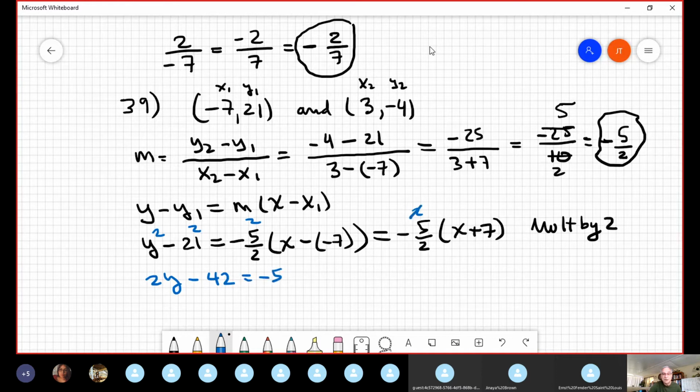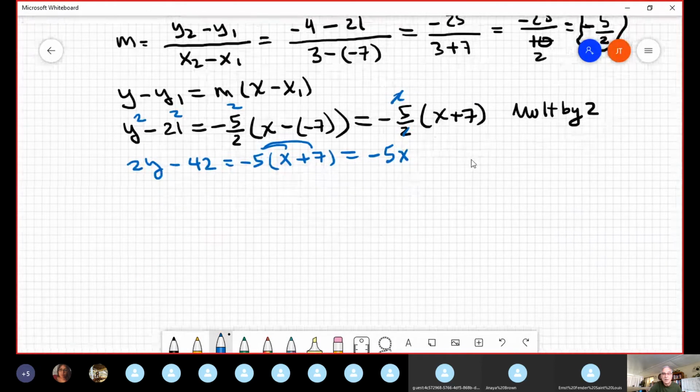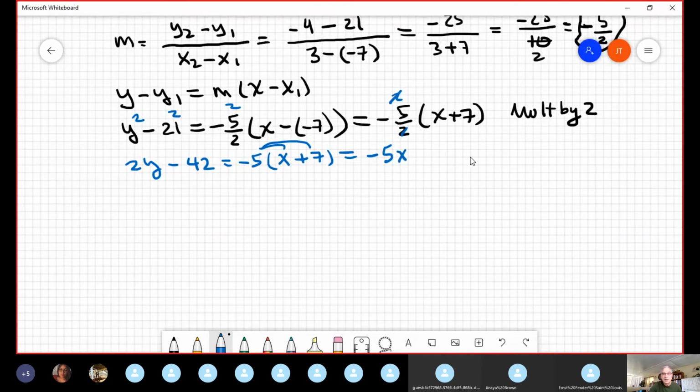These 2s cancel. That was the intention. Parenthesis x plus 7. Now apply the distributive property, remove the parenthesis, so we have minus 5x minus 35, no?